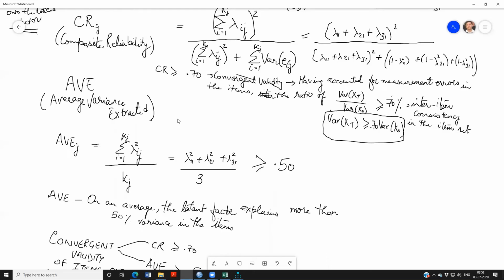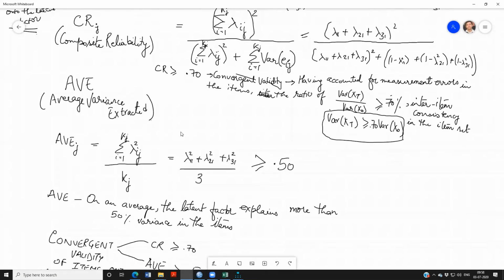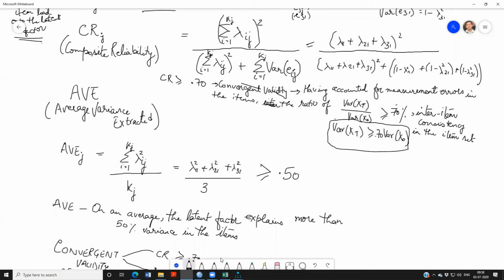If the lambdas are less than 0.7, lambda square will be less than 0.49. And that is one of the reasons why people say that your lambda, the loading of the item on the latent factor, should be 0.7 or more.